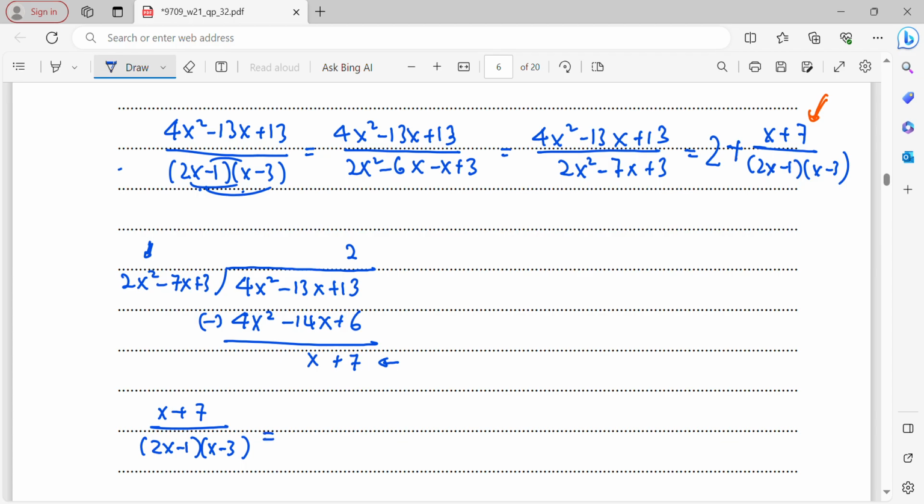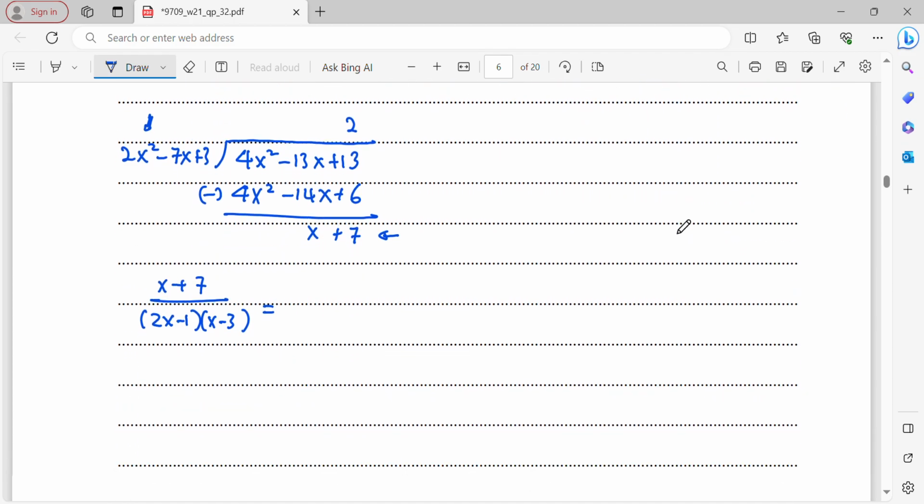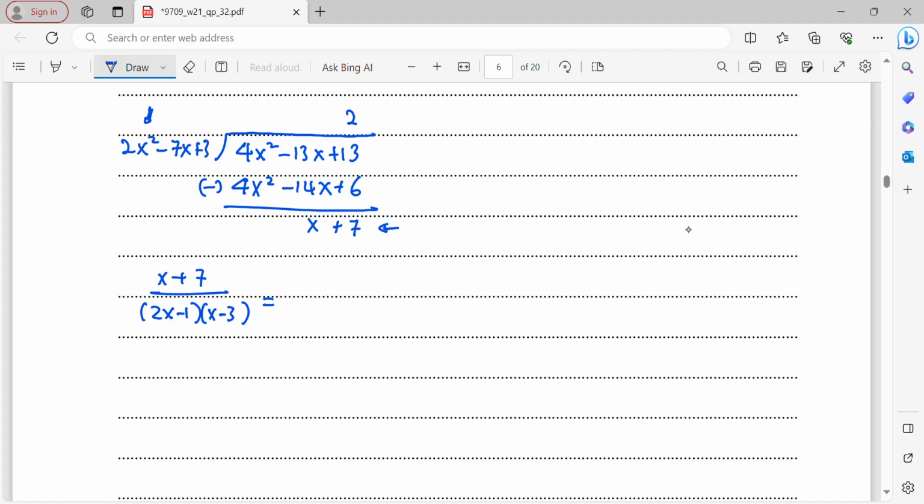Now once you have performed the polynomial division, it will reduce it to a proper rational function, which means now the numerator has x degree 1, denominator with higher degree. Then now, since the denominator has two linear factors, I will write over the first linear factor plus over the second linear factor.